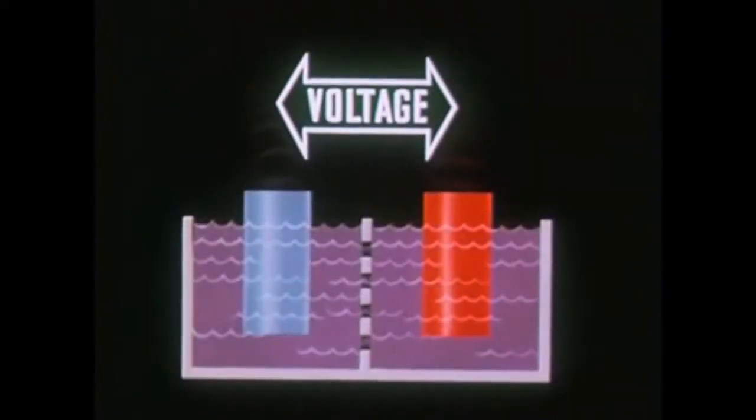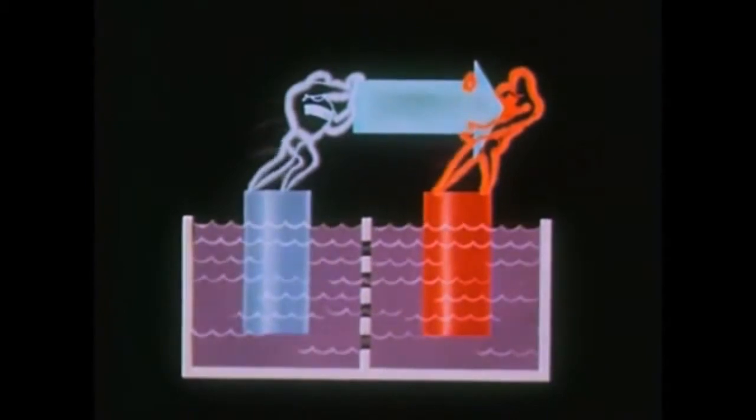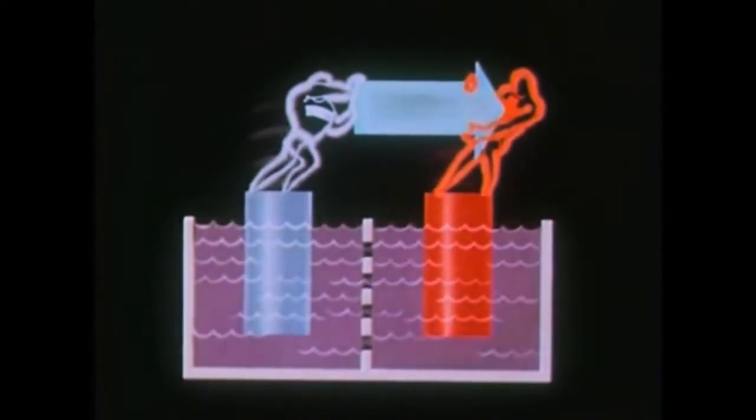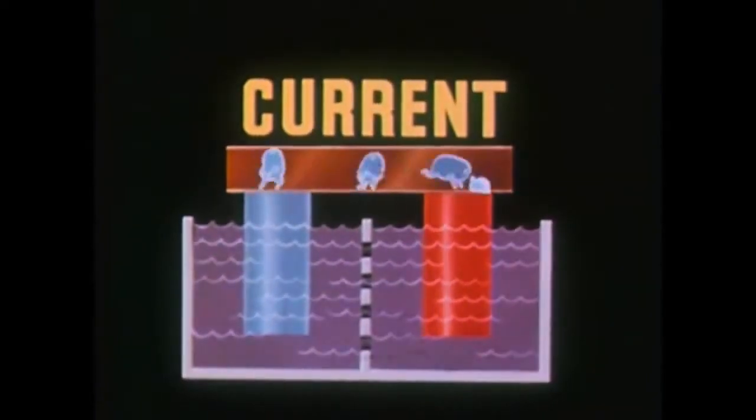The voltage then is always the potential difference at the negative and positive terminals of the source of the electric energy. It represents the difference between the number of extra electrons at the two terminals. And when a suitable path is provided, the potential difference causes the electrons or current to flow from one terminal through the conductor to the other terminal.